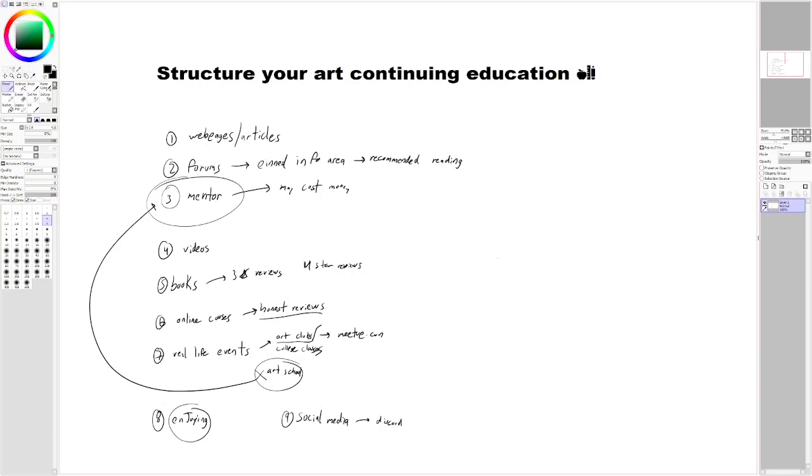You may mess up occasionally and draw something that looks totally wrong, but hey, at least you could see your mistakes. So do know that when you are trying to further your art education, there are many ways to do it. Don't stress. Don't stress.